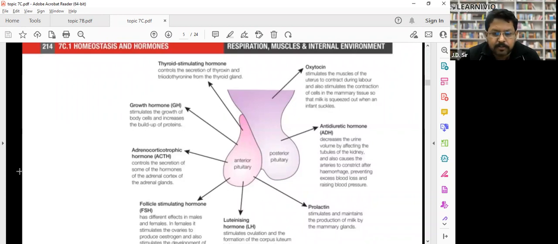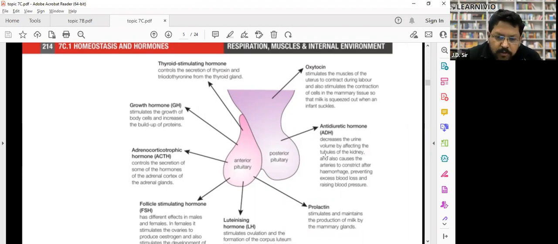But activation of the mammary gland and milk formation without birth is practically not normal. There may be exceptions, but when we talk about abnormality, normally it is not formed. Okay. Yeah.